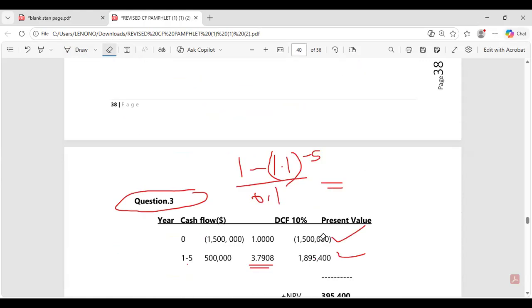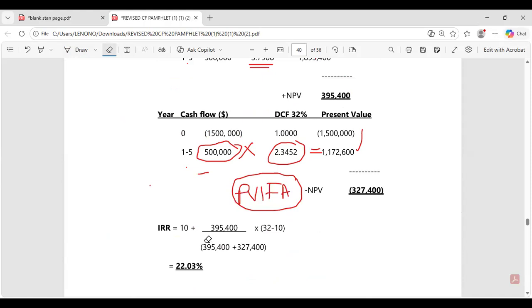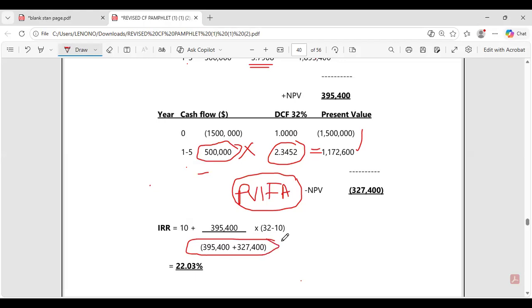A1 was 10%, and NPV1 is 395,400. Then minus the negative NPV2, 327,400, which gives us a plus underneath.